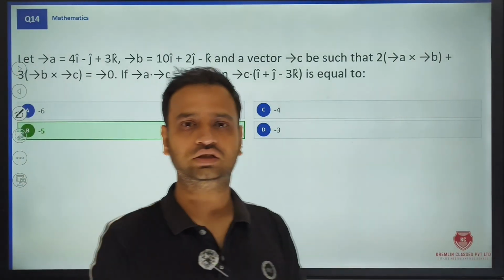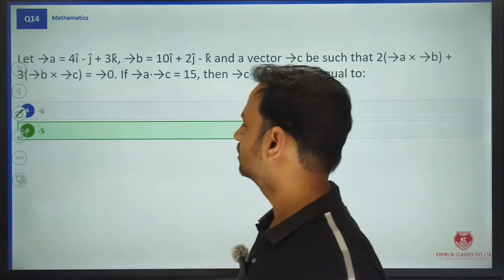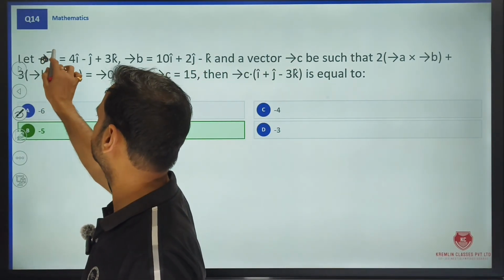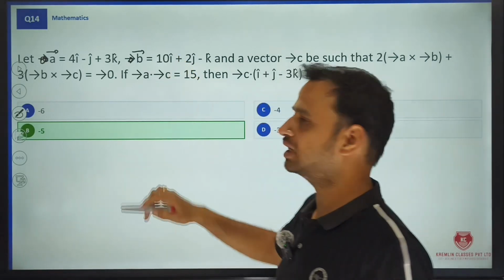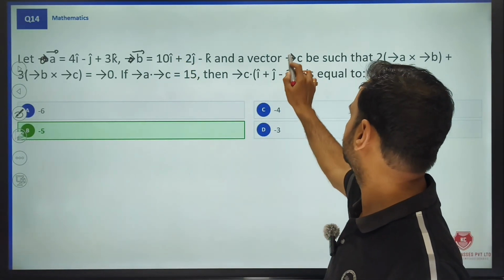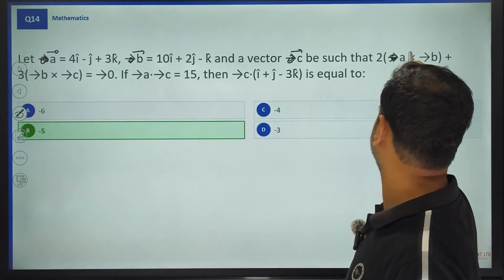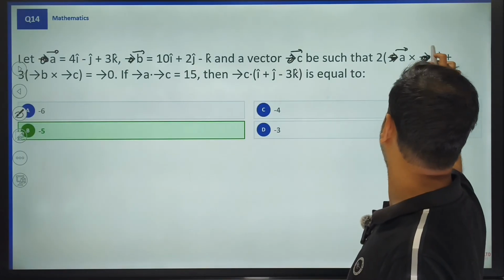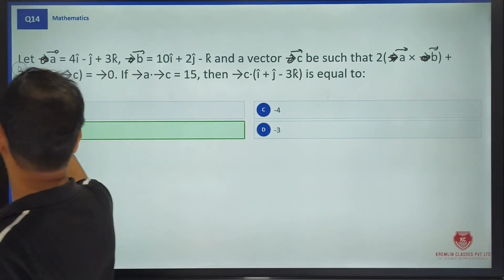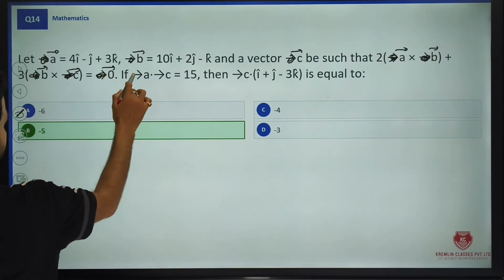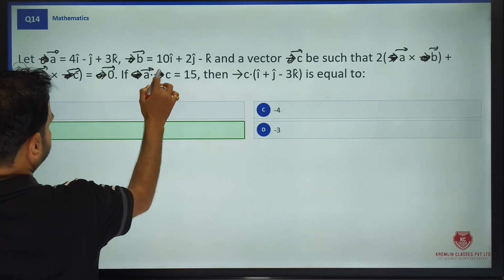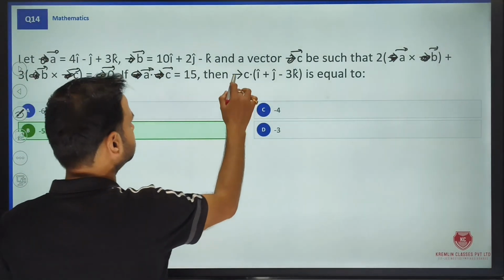So let us move to question number 14. This is somewhat misprinted. Here it is given a vector is this one, b vector is tan i cap plus 2j cap minus k cap, c vector is a vector which is given by the definition 2 a vector cross b vector plus 3 b vector cross c vector equals 0 vector, and again a vector dot c vector is given by 15.